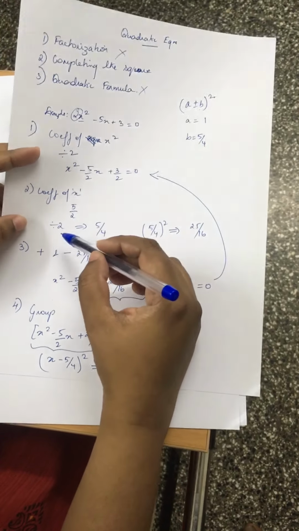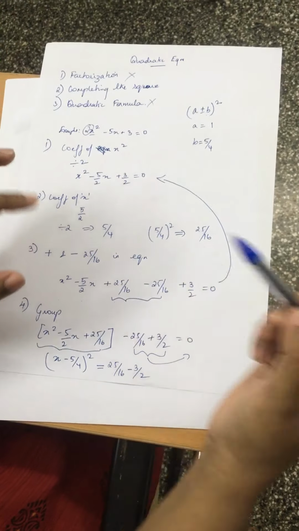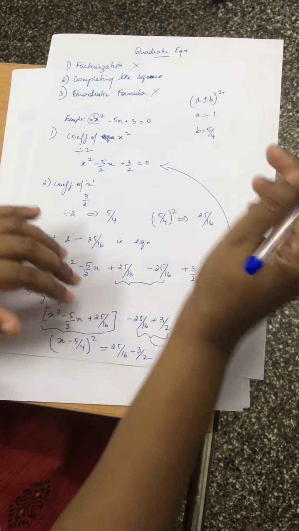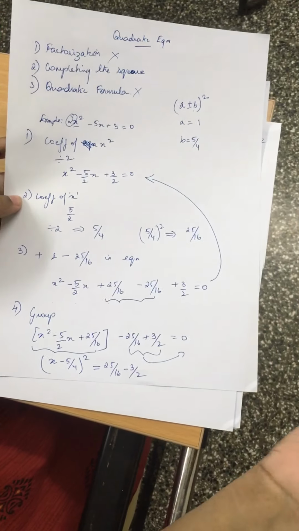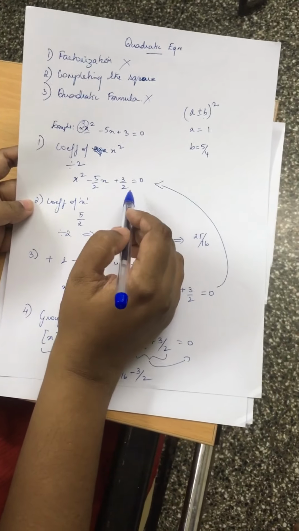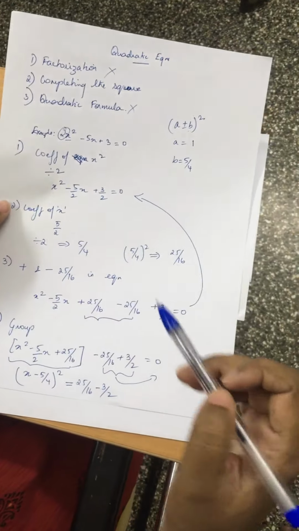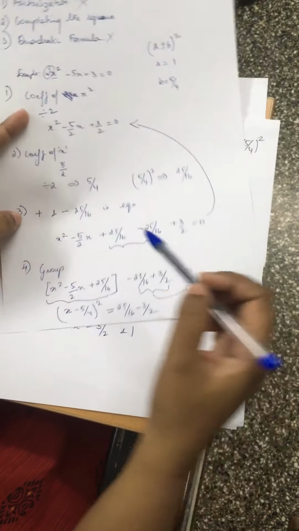So 5 by 2 is divided by 2, I get 5 by 4. Now remember, this 5 by 4 is your future b value. Let me square it and keep it aside. 5 by 4 squared is 25 by 16. Now the third step would be, in my equation 1, I have to insert a plus 25 by 16 and a minus 25 by 16, which is done here.